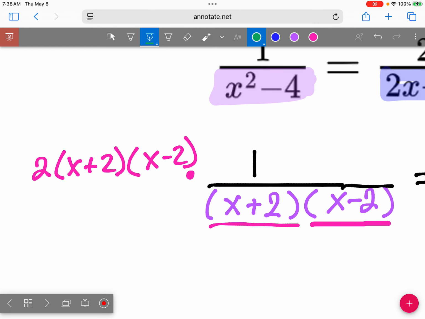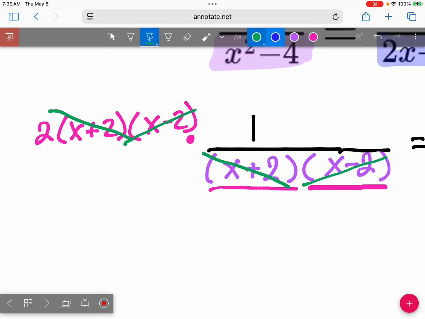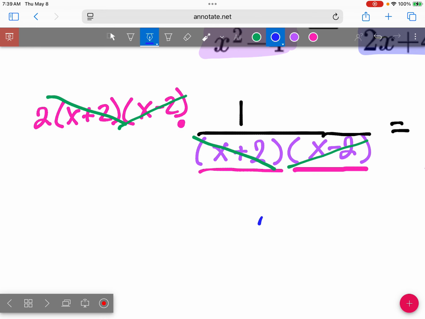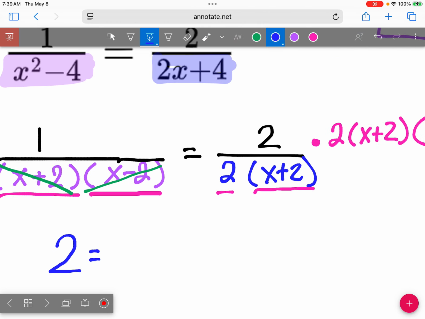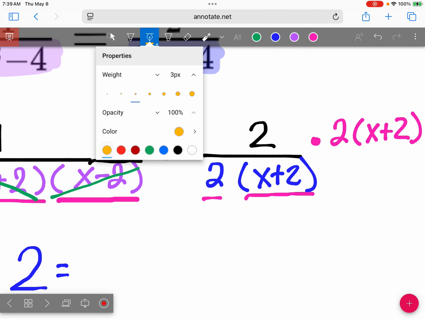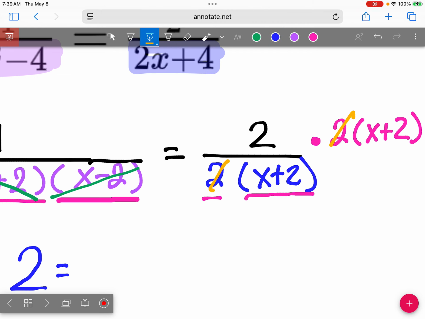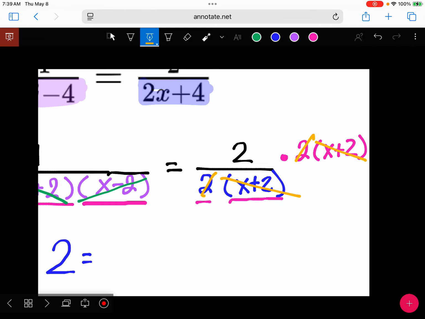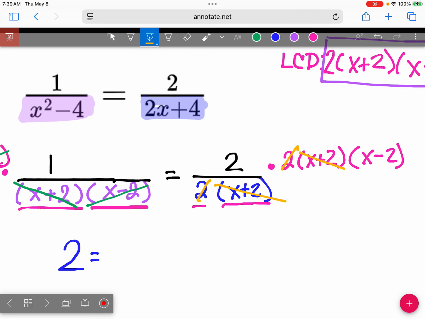When we multiply both sides by this least common denominator, we can cancel pieces out. If we do this right, we should wind up with no fractions. On the left-hand side, our x plus 2 and our x minus 2 cancel out, so we're left with just 2 times 1, which is 2. And on our right-hand side, our 2 cancels out, our x plus 2 cancels out, and we're left with 2 times x minus 2.